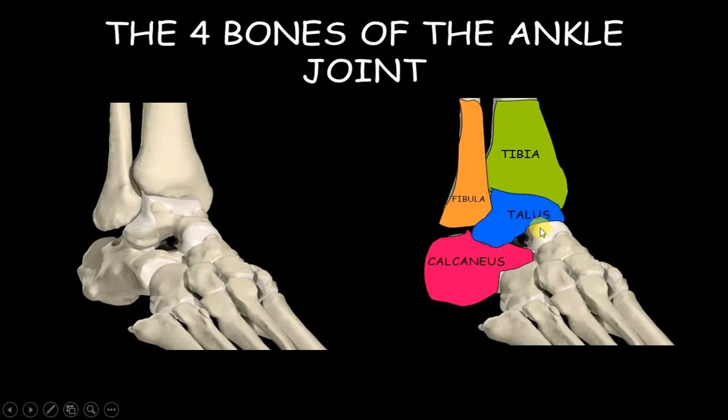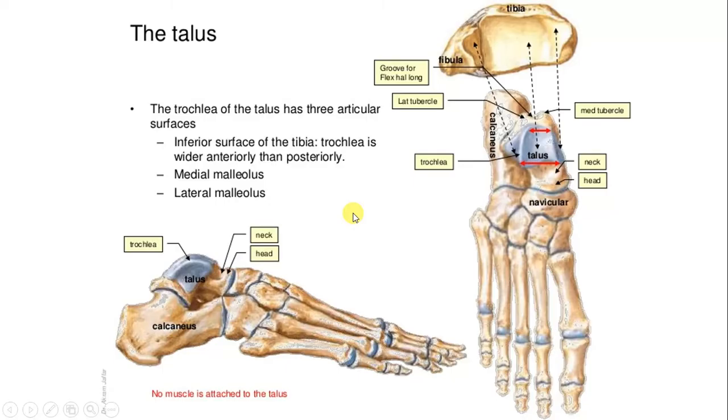Below this talus, the other bones are present which make joints with each other. These joints are not actually part of the ankle joint. They are the joints present below the talus, so they must be the subtalar joints. So we have understood about the bones. Now we go to the detail.